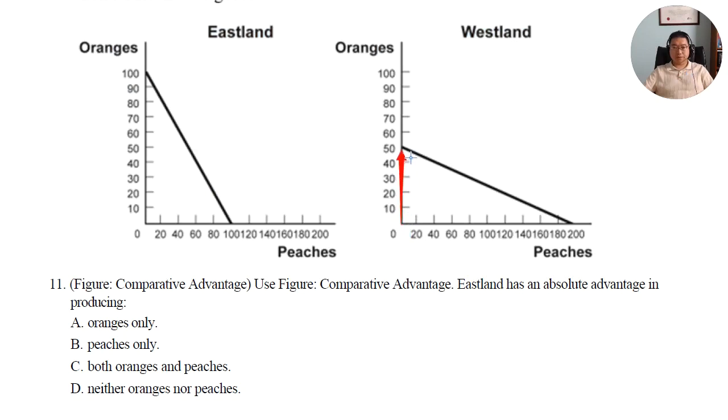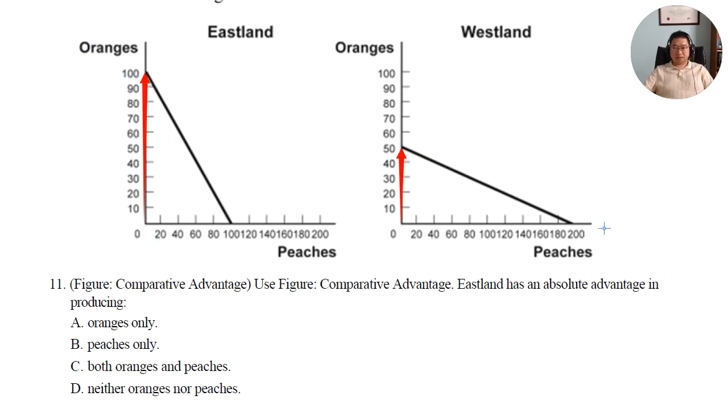Here, 0 boxes of peaches and 50 boxes of oranges. And for Eastland, 0 boxes of peaches, 100 boxes of oranges. So obviously, Eastland can produce more oranges if Eastland puts all of its resources into the production of oranges.